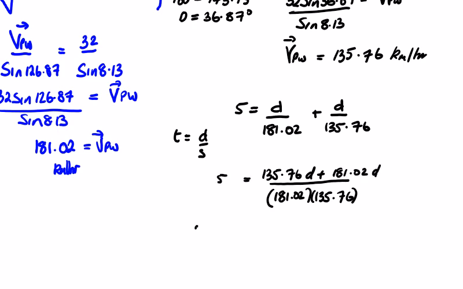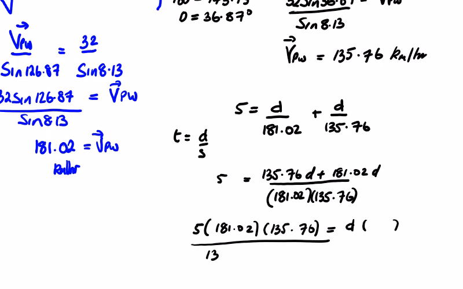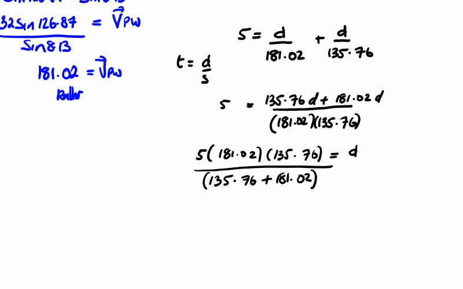So cross multiplying, I'm going to get 5 by 181.02 by 135.76 will be equal to that amount of d's. So if I factor out my d, I will be adding the two things together that I'll need to divide across by, 135.76 plus 181.02. So that's just doing it in one step instead of using the calculator loads of times.